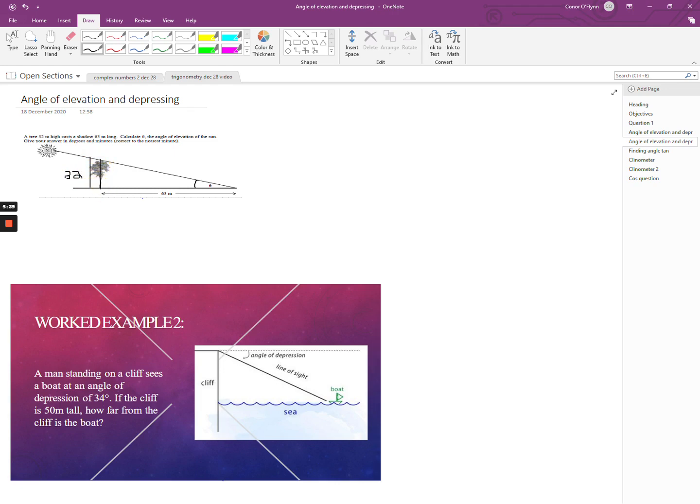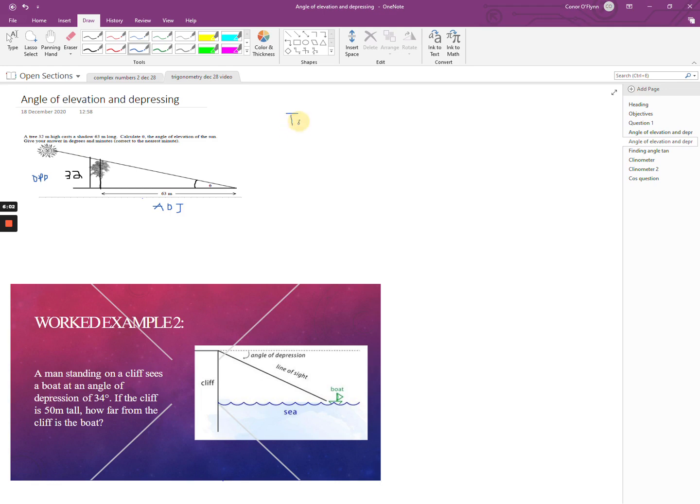So how will I get theta? Well, I need to know what is 32 to theta. It's opposite. Again, we're going to use one of our rules. And what is 63 to theta? It's adjacent. So you need to know the formula for opposite over adjacent, and that'll be tan.